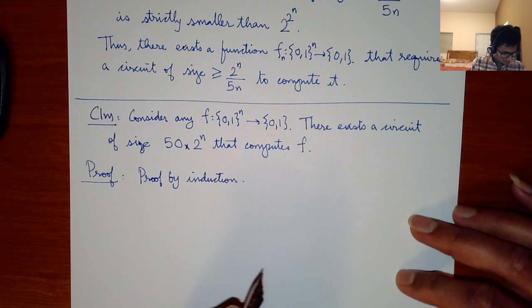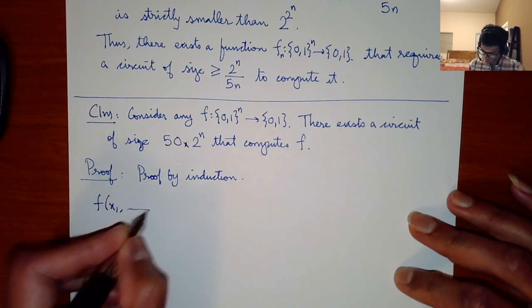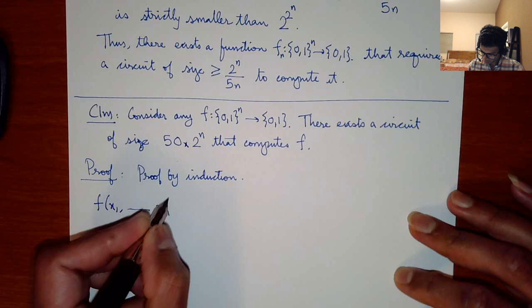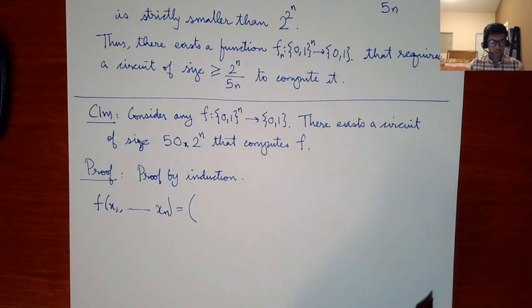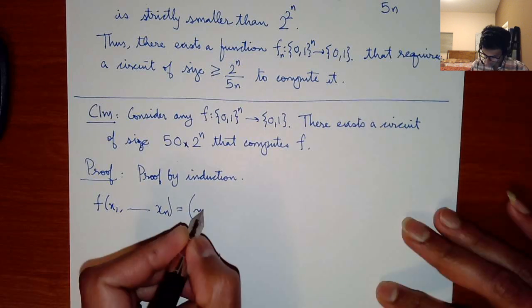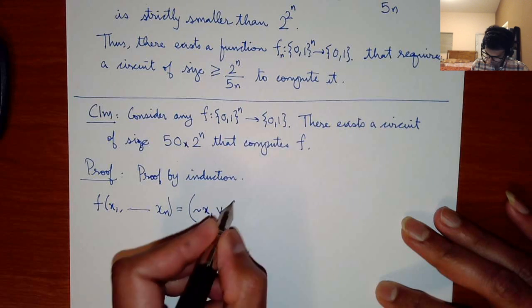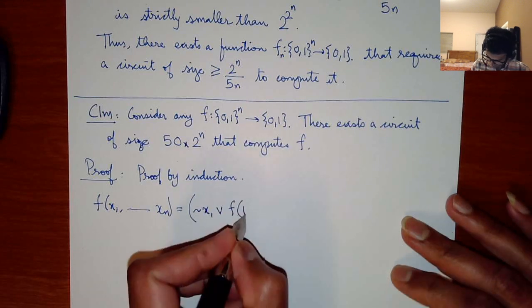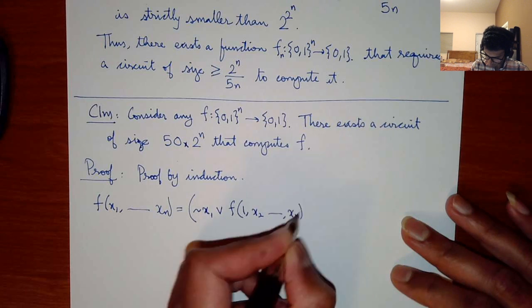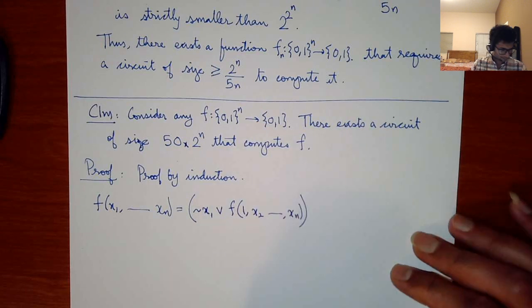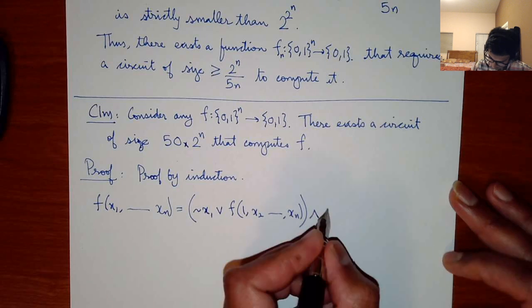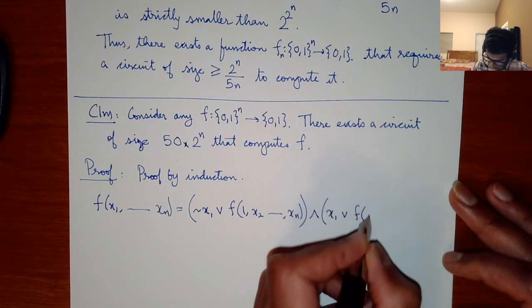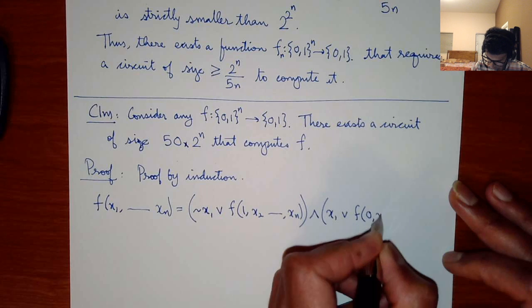So we can simply write out f of x1 to xn. It just says that if you set x1 to 0, then you're computing an n-1 bit function. If you set x1 to 1, then you're computing another n-1 bit input function. So I'll just write this out. This is (not x1 and f of 1 x2 to xn) or (x1 and f of 0 x2 to xn).